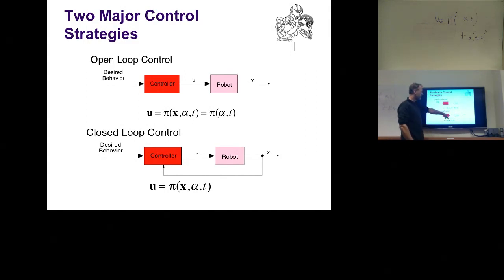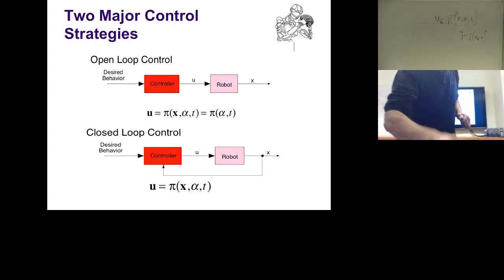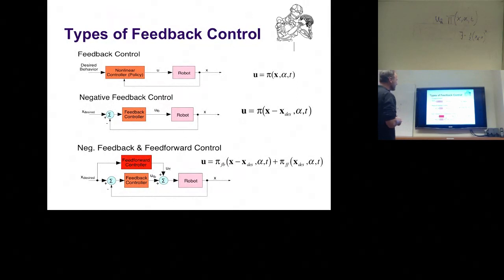Now, the closed loop control is obviously the full system, which just has the feedback loop complete, and we have the X back in the equation. Cool. Now, let's go one more time into the different types of feedback control.